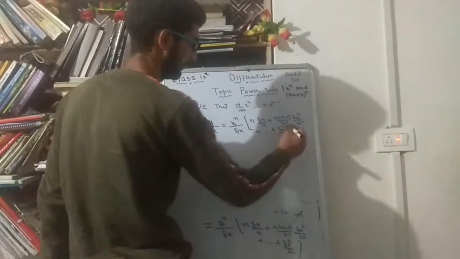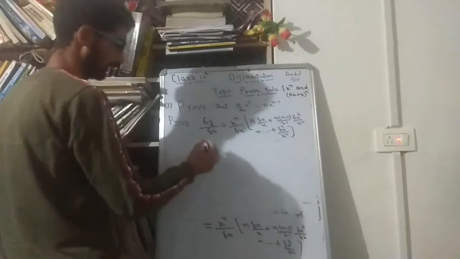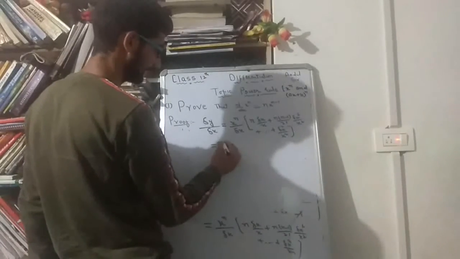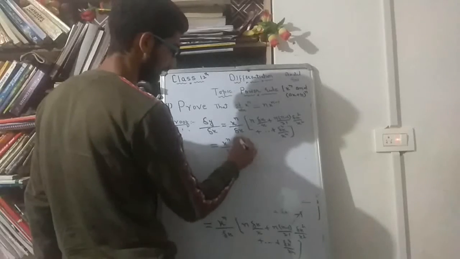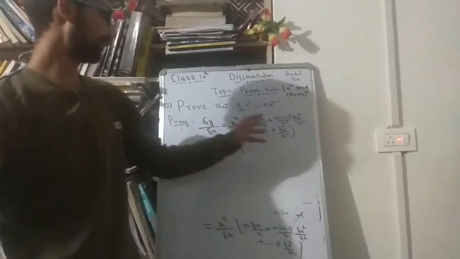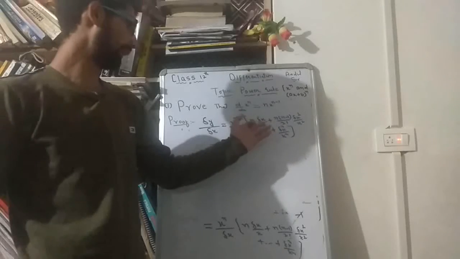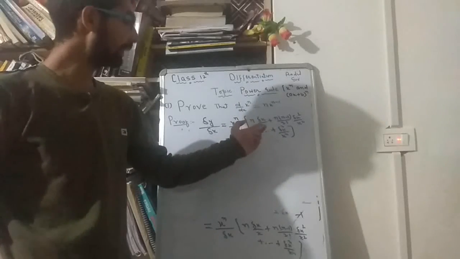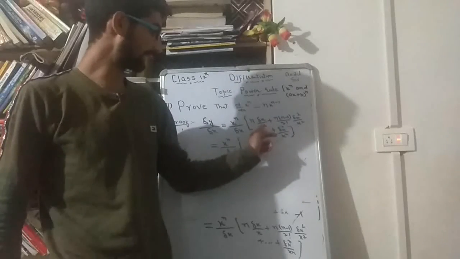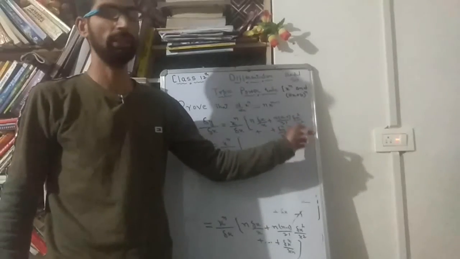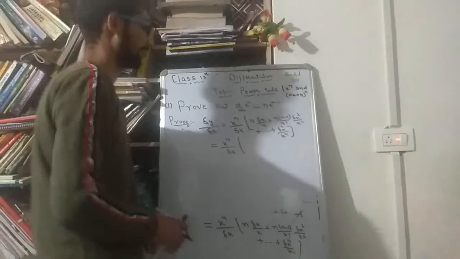You just check here, this del x divided by x, we can factor it out as common because it is in every term. Here is del x divided by x, here is also del x divided by x, so we can make it a common factor.